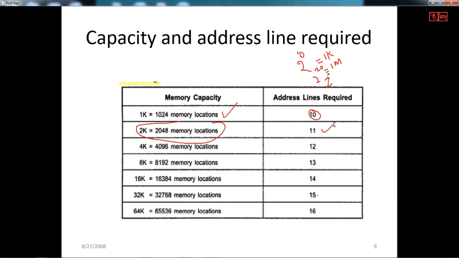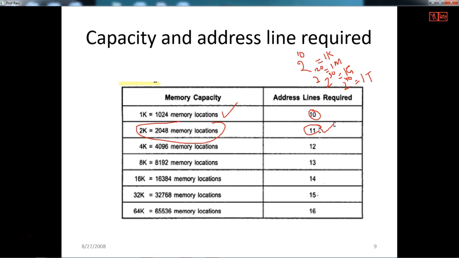If you have 30 address lines, that is 1 giga. If you have 40 address lines, the memory locations can be 1 tera, right?